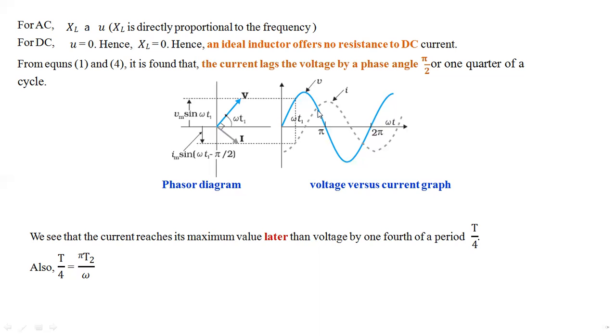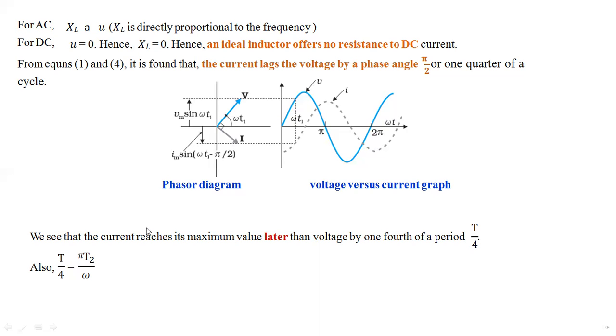This is the waveform for voltage, and the dotted line is the waveform for current, which is lagging behind by 90 degrees or pi by 2 radians. Here is the corresponding phasor diagram: the voltage V makes an angle of omega t at this instant, and here is I, which lags behind by 90 degrees.